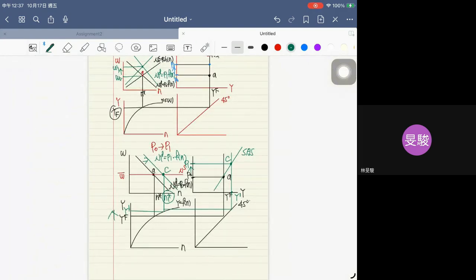So the difference between the classical and Keynesian is the sticky wage. In the long run, the wage is flexible, you can change your wage.